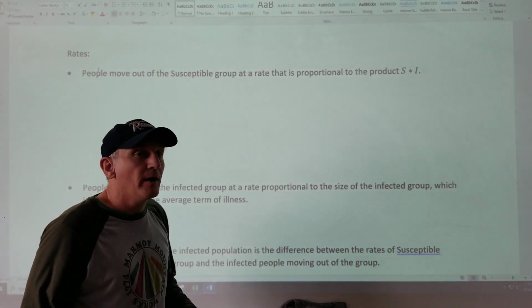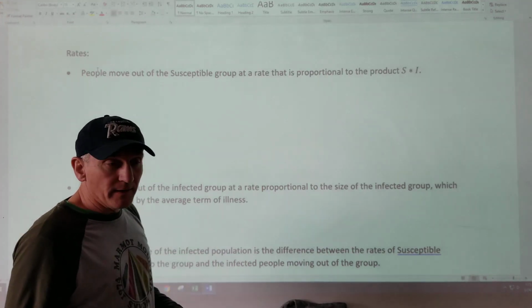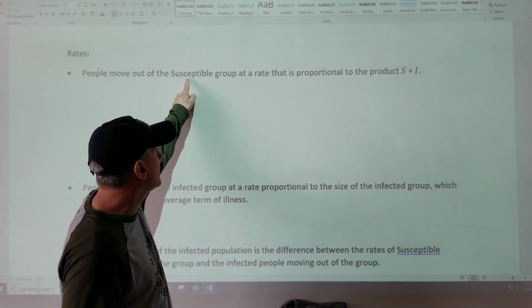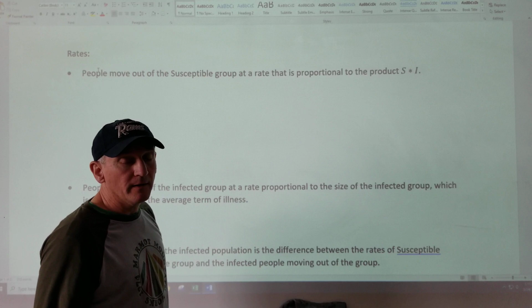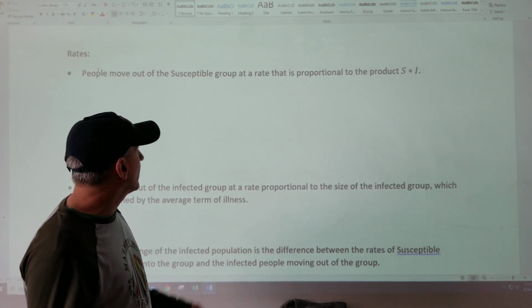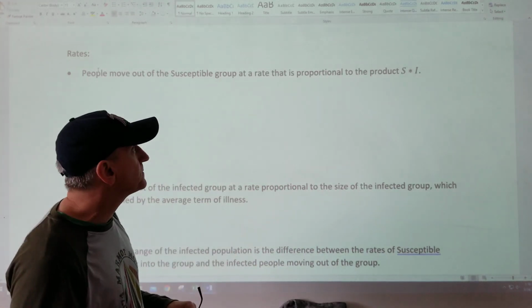The rate tends to vary quite a bit. And the general pattern is, in the beginning, there is a slow transfer from susceptible to infected, and also late in the epidemic, there's a slow transfer. But in the middle, the transfer is quite high.